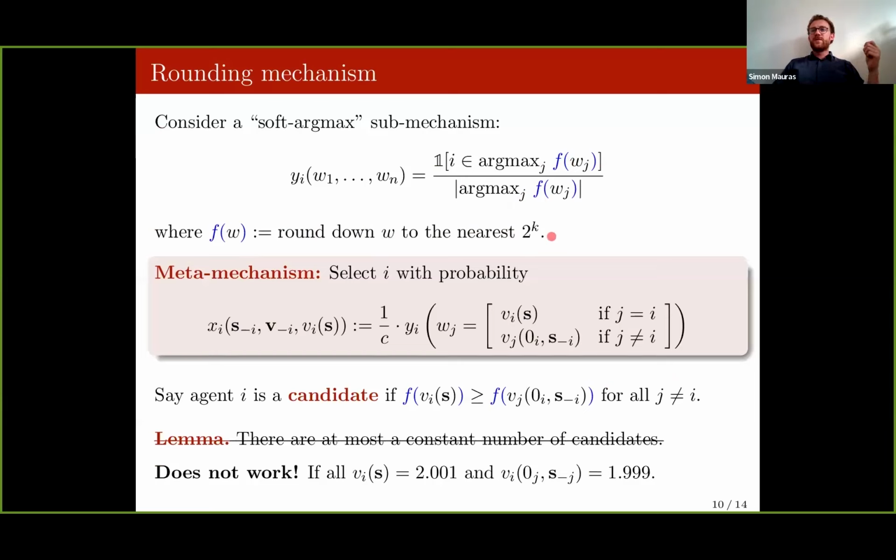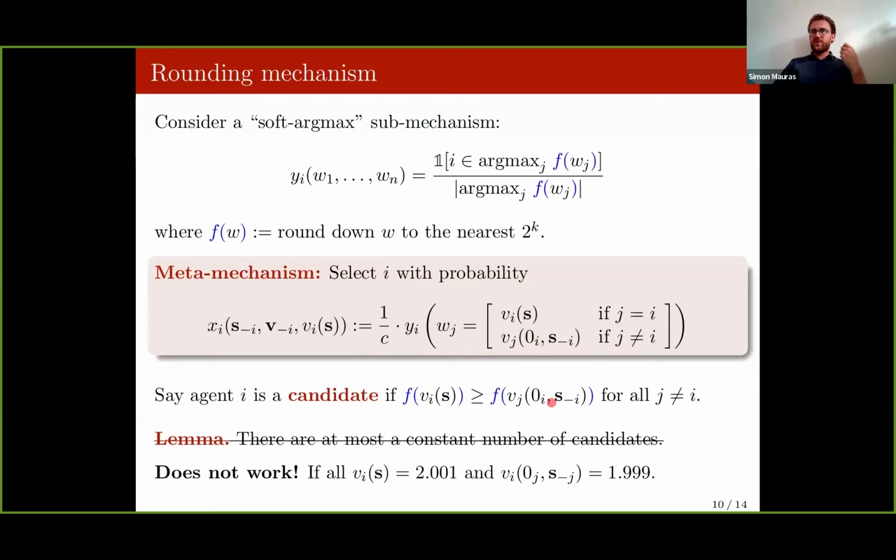And the hope is, now that I've rounded the values to fixed levels of 2, maybe because of this property of self-boundingness, not too many people will be able to make me drop from one power of 2 to the next one. And this is the hope. And we're going to say that an agent is a candidate if their rounded down value is bigger or equal to every other person's rounded down low estimate. So that's going to be the construction.